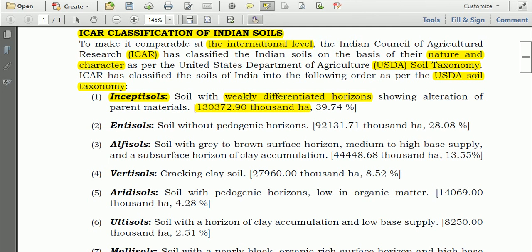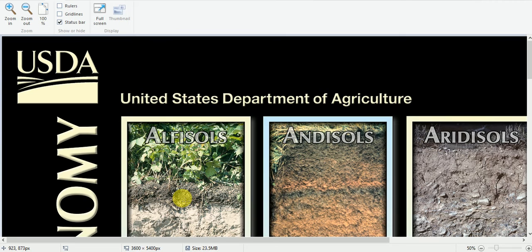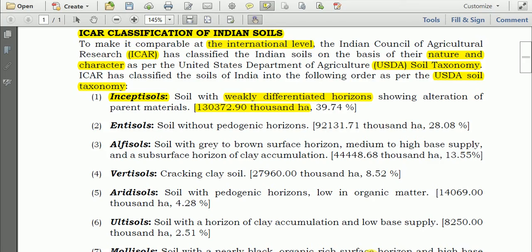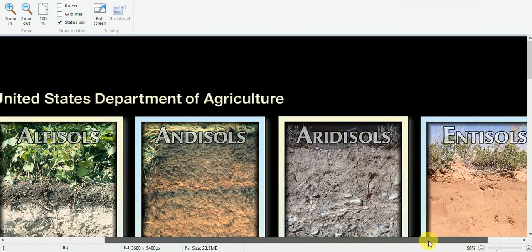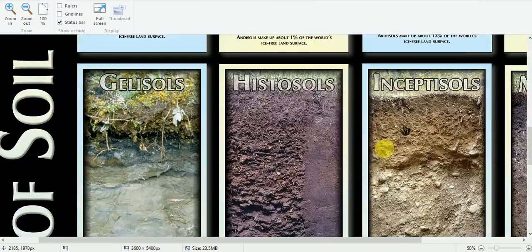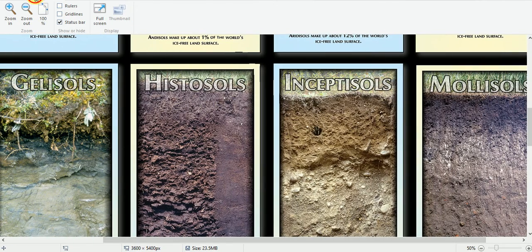And here we have this photograph given by the USDA soil taxonomy. The first one is known as Inceptisol. So let us find out. Inceptisol is here.